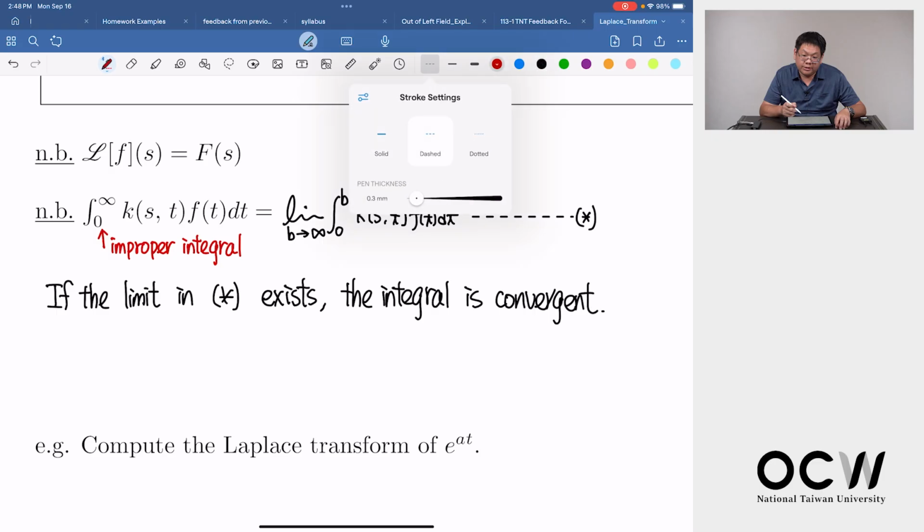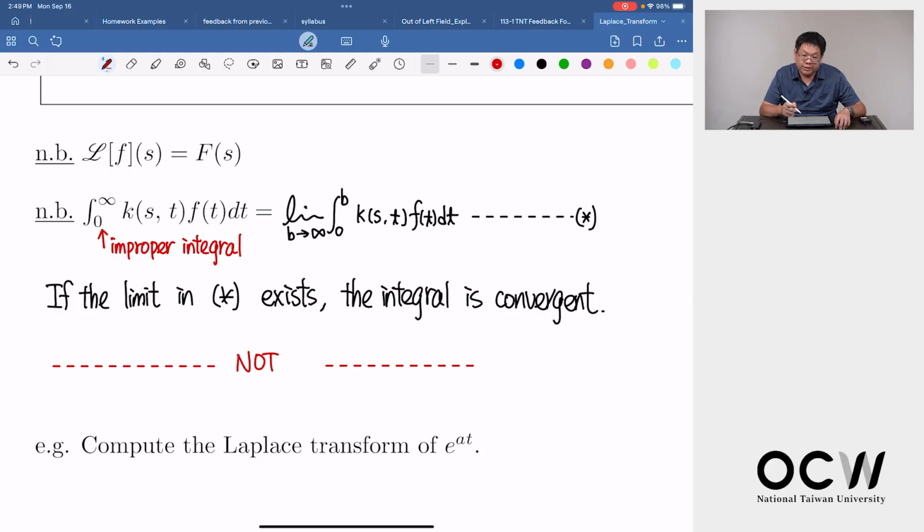And if it does not exist, then we call this integral divergent.